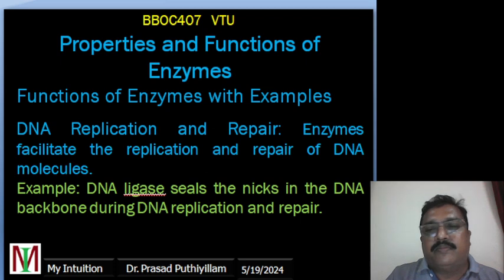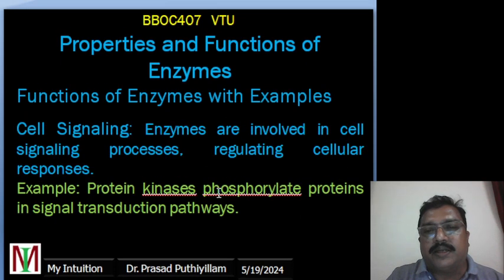Okay, now moving to the next function of enzymes, that is cell signaling. Cell signaling is like communication with the world, just like a telephone operator connects phone calls and makes the required interconnections. Enzymes are also like these operators. They transmit signals within the cells and regulate the cellular responses. Each cell's response is transferred to the next cell, so that proper communication happens between the cells.